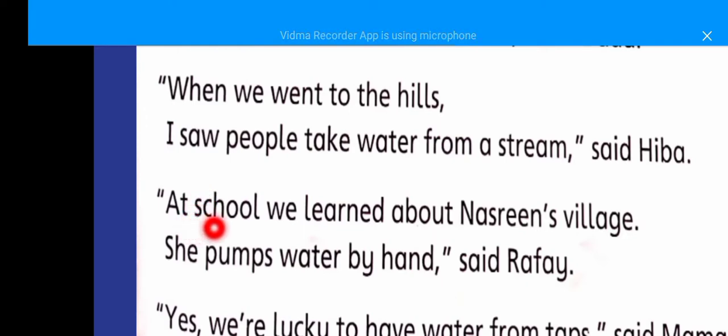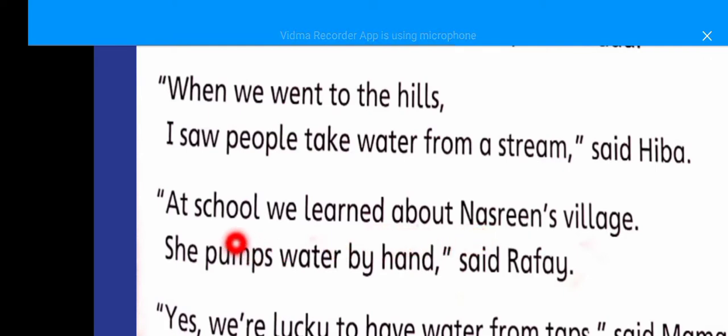is that at school we learned about Nasreen's village. Oh, they are also talking about your textbook. We have also learnt about Nasreen's village in the previous unit. Have you all remembered? Exactly, that was A Day in a Village, and we learnt about Nasreen's duties, that she gets the water from the hand pump.